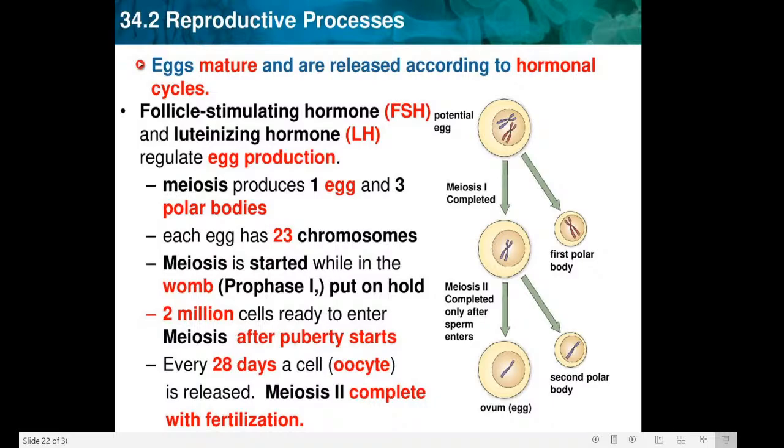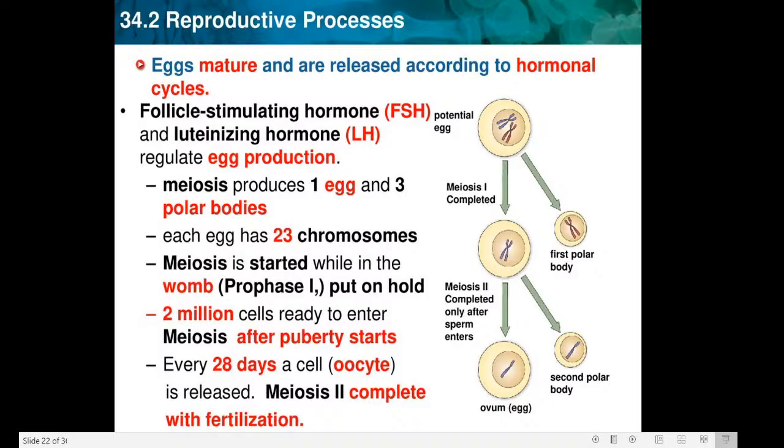FSH and LH make the egg production. In meiosis, one egg and three polar bodies are produced. Each egg has 23 chromosomes.